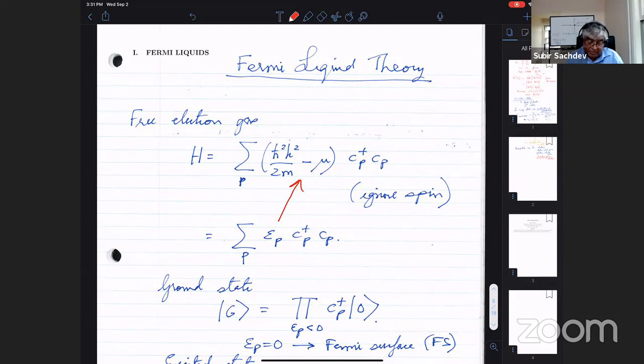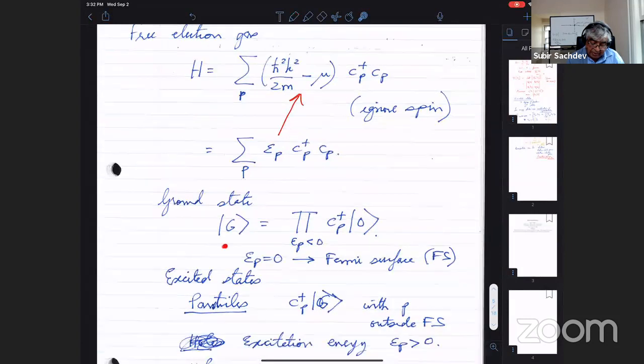Well, what you have to do is occupy all the states with negative epsilon p. Anything that has a negative epsilon p will be occupied, and anything that has positive epsilon p, you leave empty. So that's the ground state: the product of the fermion creation operators C dagger p on the empty state.